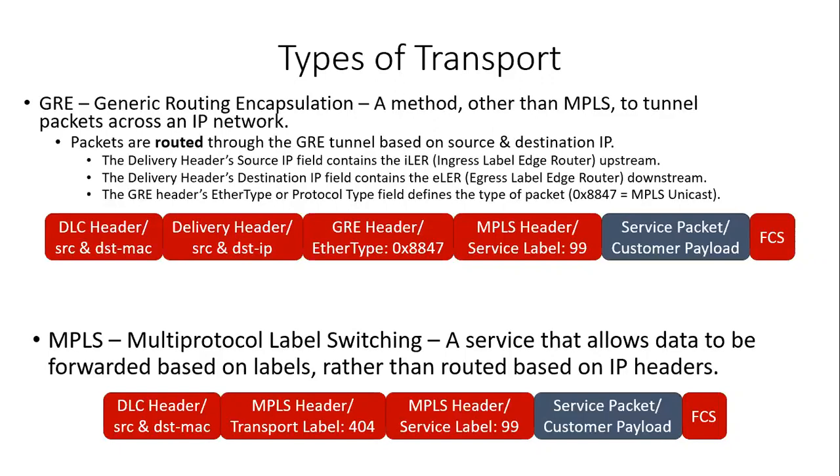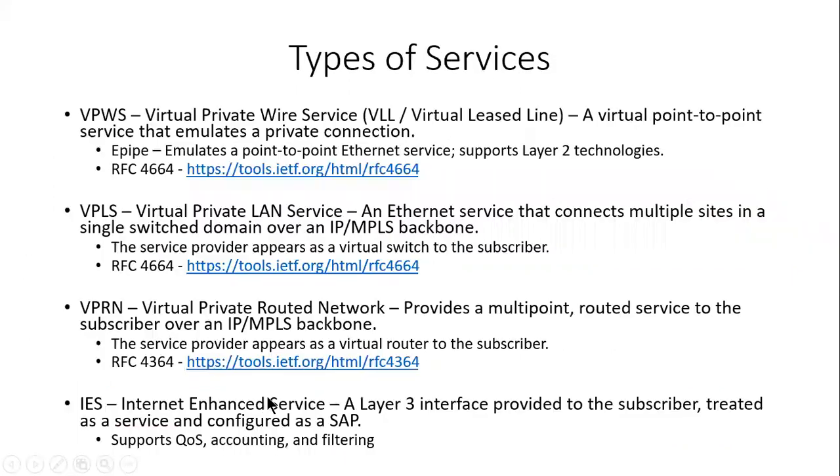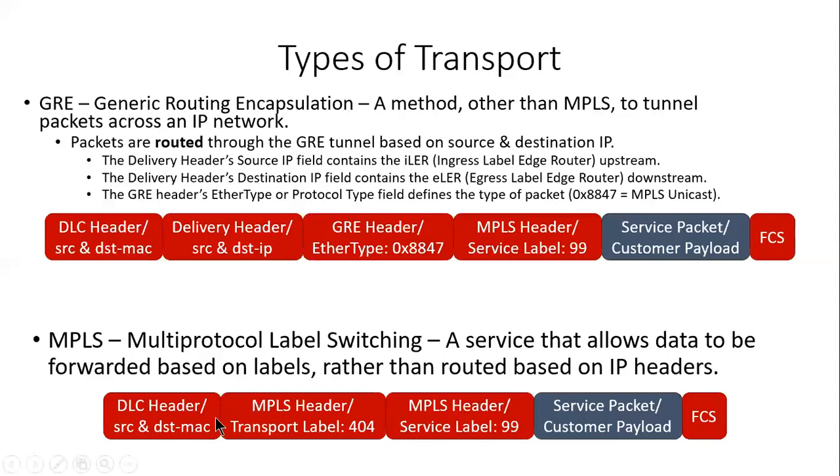And like we discussed in our previous video, MPLS, or multi-protocol label switching, is a service that allows data to be forwarded based on labels rather than routed based on IP headers. So when the same customer payload or service packet ingresses our ingress LER, or ILER, instead of being encapsulated in a GRE header, it's simply labeled.